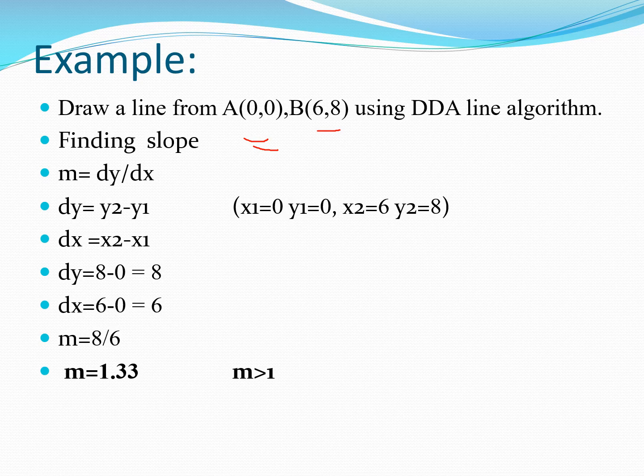Now, we have calculated the slope value. Based on the condition, we have to increment the x and y coordinates until we reach the x2, y2 values, that is 6, 8, so x equals 6 and y equals 8. And remember one thing: here it will convert the floating point pixel values into whole numbers.